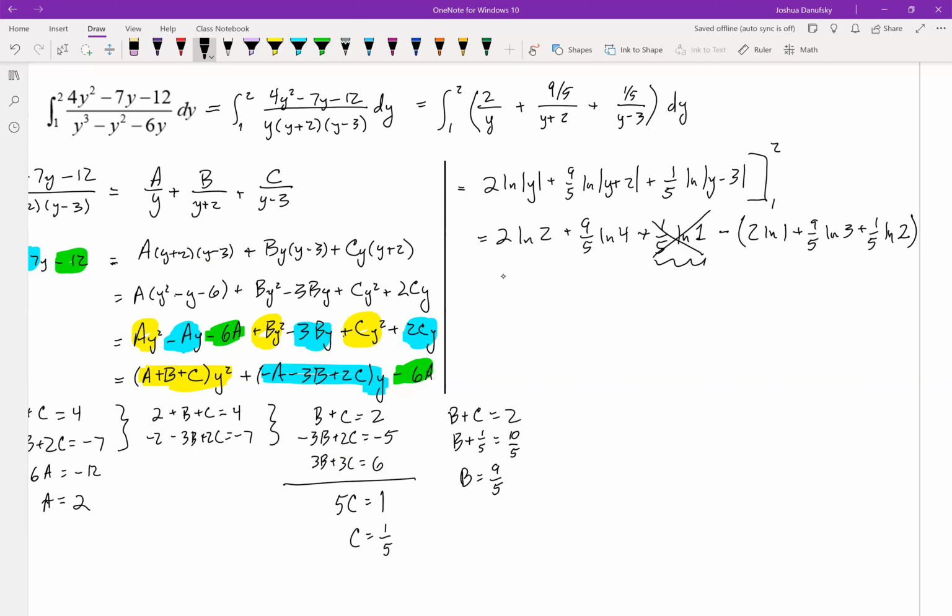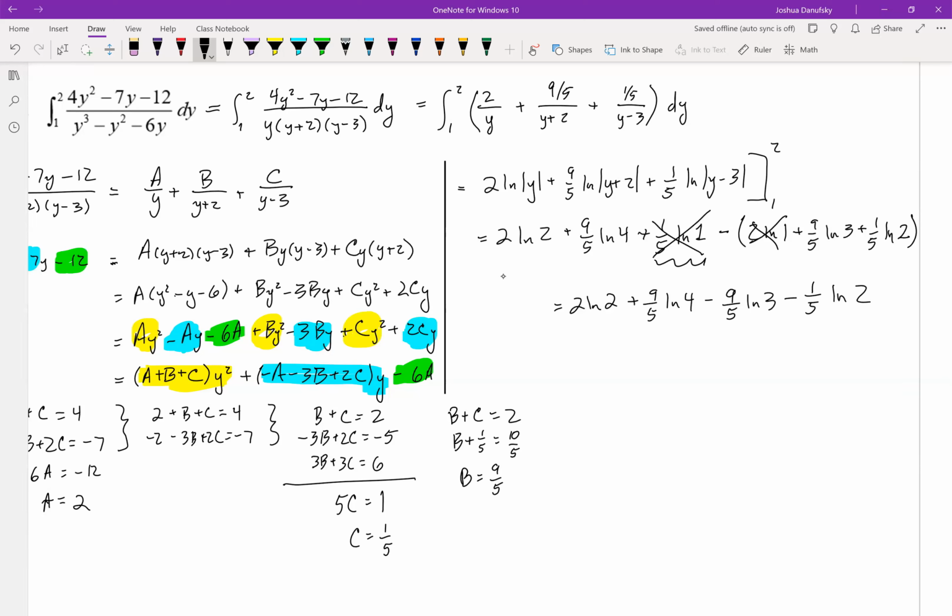Again, this guy zeroes out, this guy zeroes out, so we're down to 2 ln 2 plus 9 over 5 ln 4 minus 9 over 5 ln 3 minus, not forgetting to distribute the negative above, 1 over 5 ln 2.